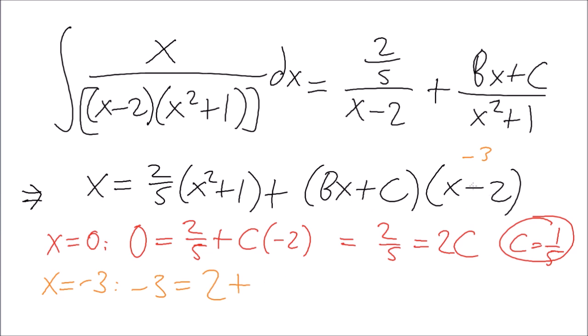Then -3 here, so first of all, we have -5, and then we have -3b plus 1/5. Let me just deal with this first. This is -1 equal to -5, we get 15b minus 1.